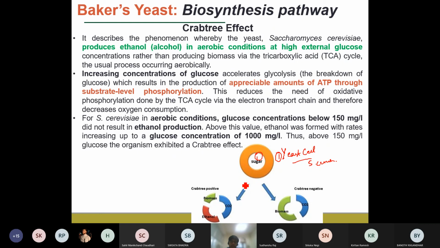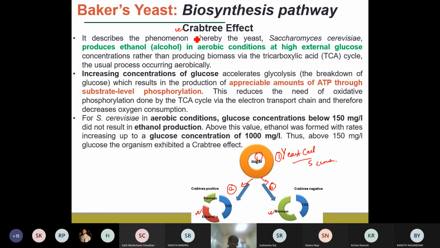So we can tune the fermentation, either we can carry it out for the production of ethanol, or for the production of biomass. This overall phenomenon of switching the fermentation from ethanol to biomass production, or from biomass production to ethanol production, is called the Crabtree effect.